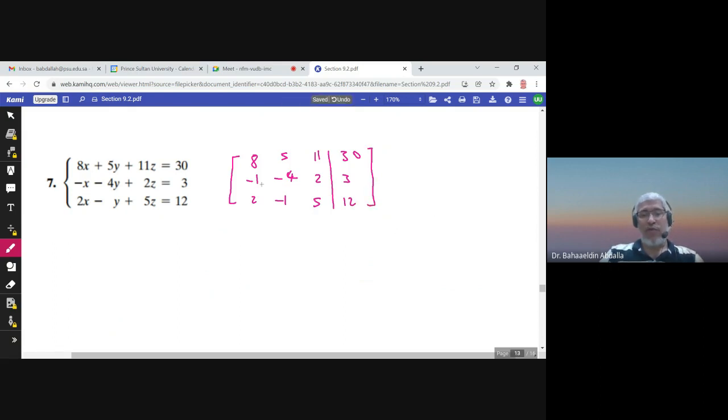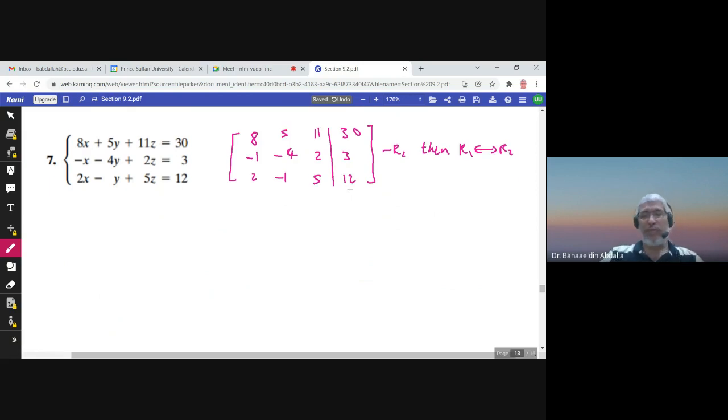Well, what should I do? I will multiply row 2 by -1 and take it to the first row. Okay, so negative R2, then R1 with R2 interchange.